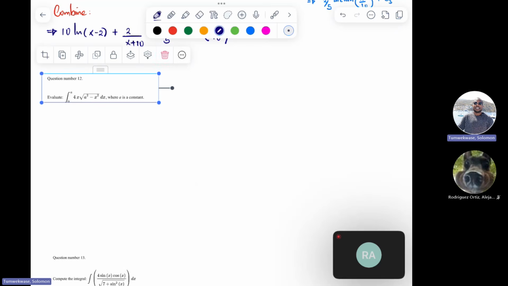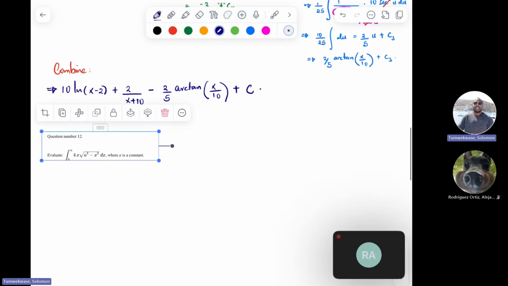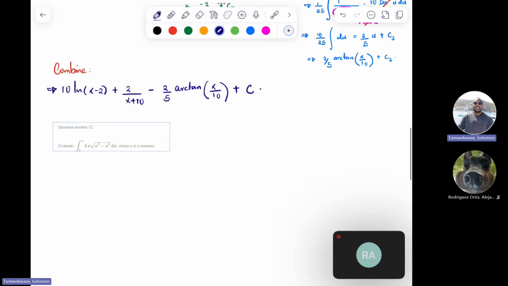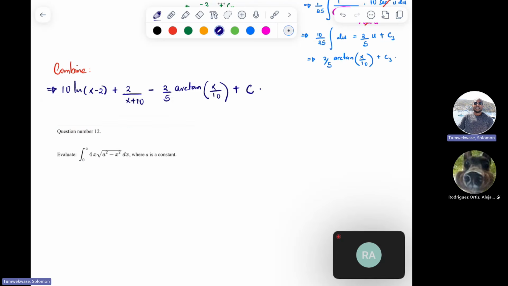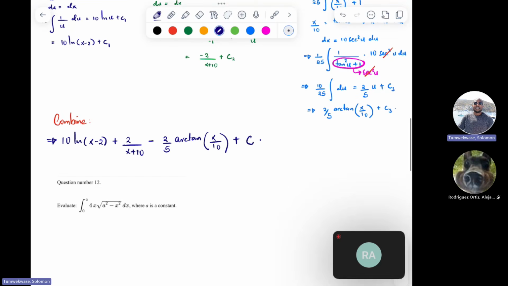Okay, question 12. I chose question 12. Same thing, we just have to make an appropriate substitution. But in question 12, now we have a definite integral because we have the limits of integration.